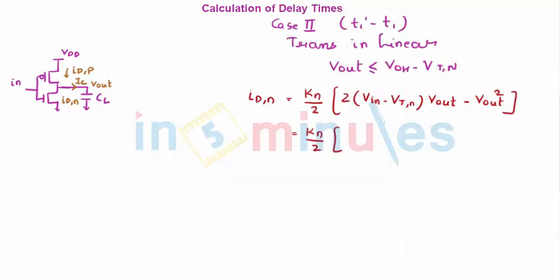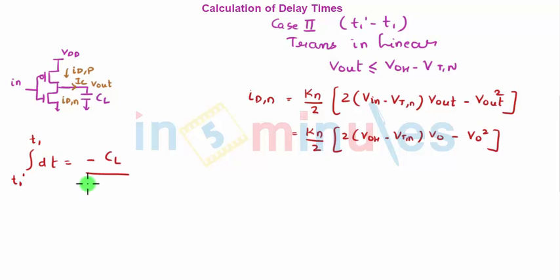So let's substitute that: twice (VOH minus Vtn) into Vout minus Vout square. Now we are going to do the integration and put it in the general formula. So we have already seen that. The initial time is T1 dash, the final time is T1, minus CL, and the equation of ID, which I'm going to put in pink color here.